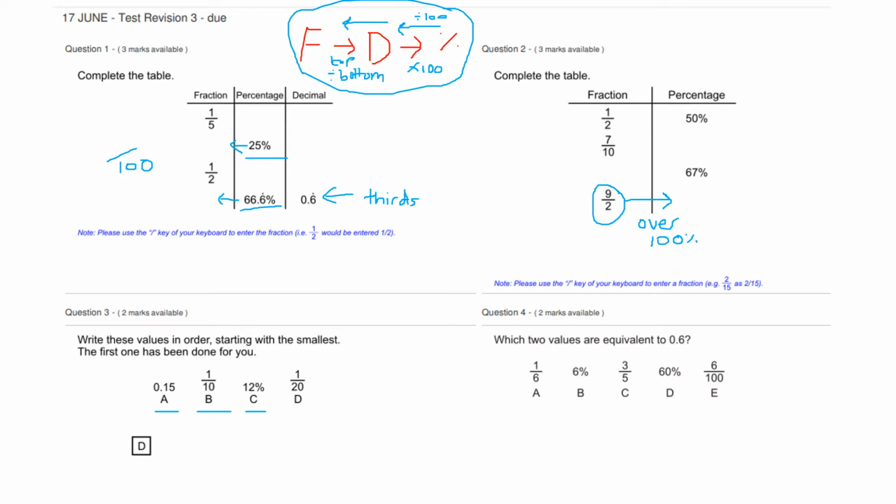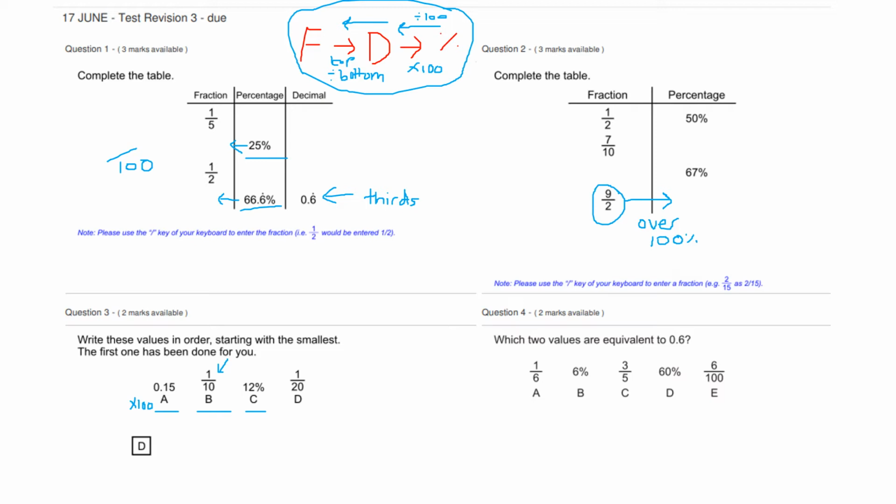So for example, you could times A by 100 to quickly get it as a percentage. And then for B, you could use our method shown at the top. So fractions, you could do top divided by bottom. That would get it to a decimal, and then you could times it by 100 to get it to be a percentage. And then you can put them in order.